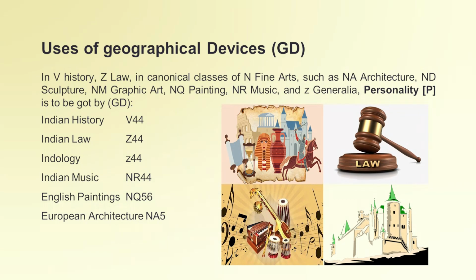The uses of geographical device are, for example, in main class B history or in main class Z law, in canonical classes of N fine arts such as NA architecture, ND sculpture, NM graphic art, NQ painting, NR music, and small z generalia. Isolates in the personality facet are to be got by geographical device.